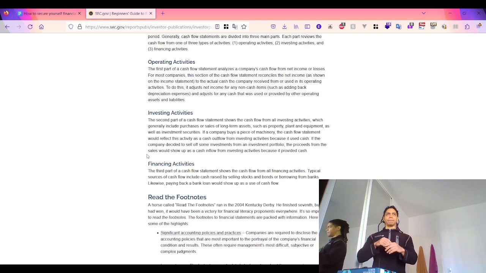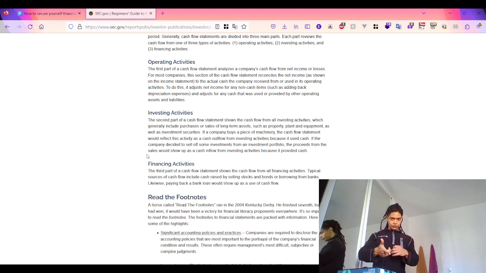Investopedia mentioned that this section, the financing activities in the cash flow statement, focuses on how a company raises funds from its investors or creditors and pays it back through capital markets.